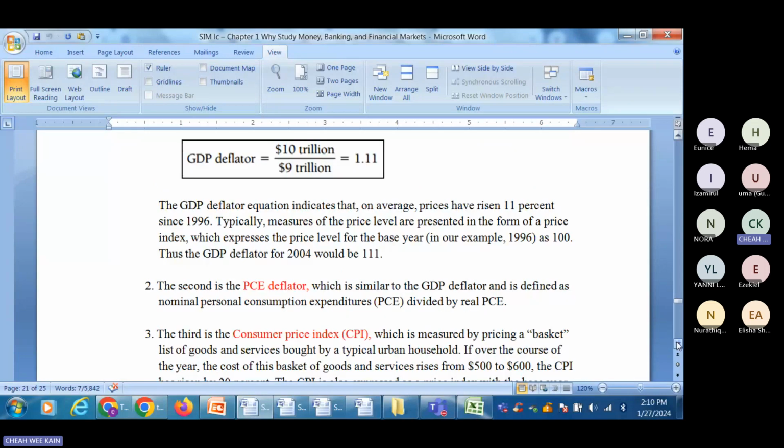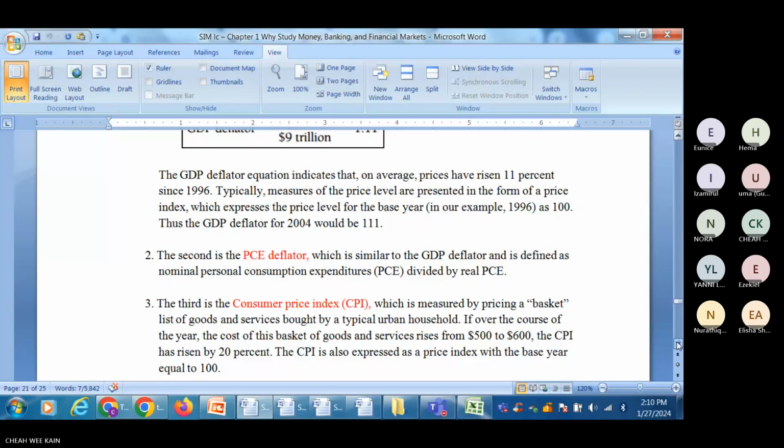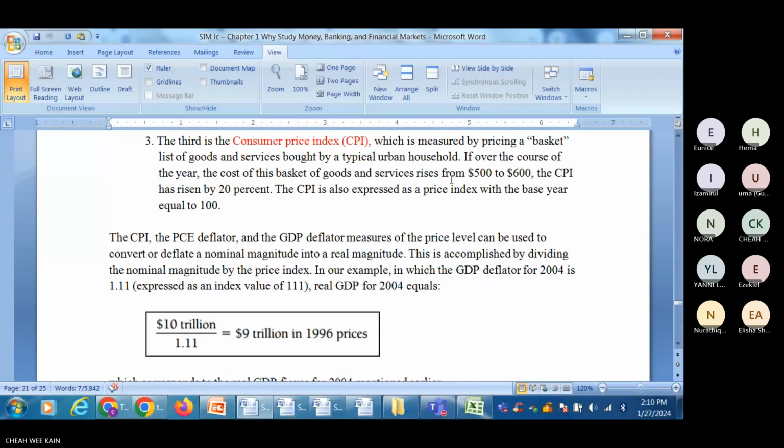So this is the deflator. A basket of list of goods bought by a typical household. If over the course of the year, the cost of this basket of goods has risen from 500 to 600, therefore it's risen by 20%. Difference divided by the base, times 100. So the first question is, what is the basket?